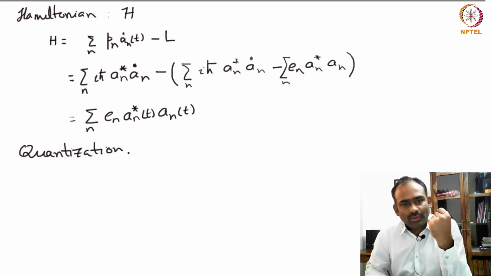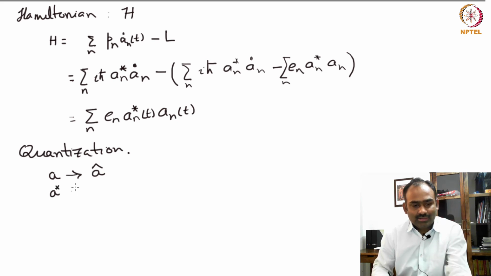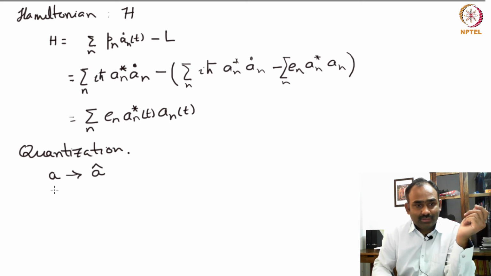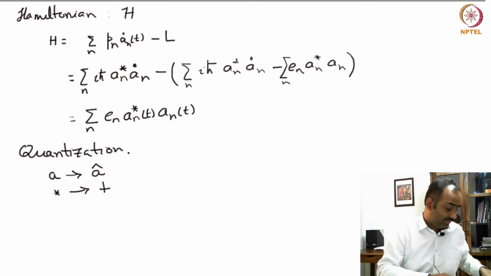And recall what we need to do for quantization. I promote A to an operator, of course, A star, or complex conjugation, to Hermitian conjugate, and that's it.